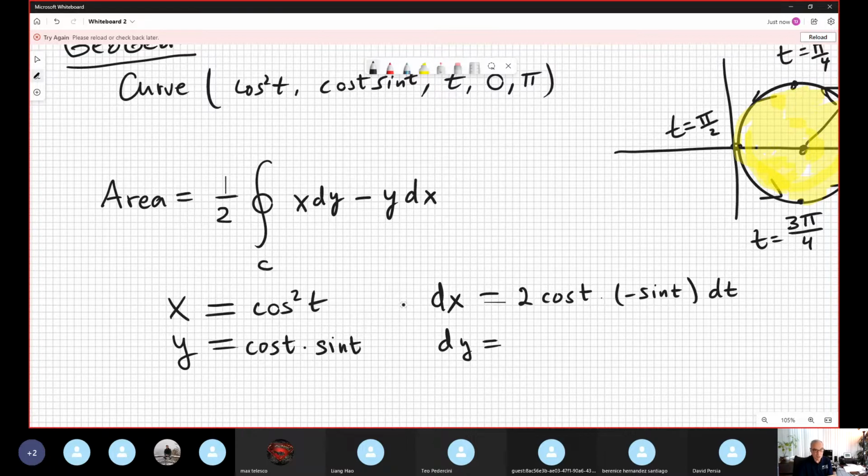Now, likewise, dy: you apply the product rule, because of the multiplication of two functions.